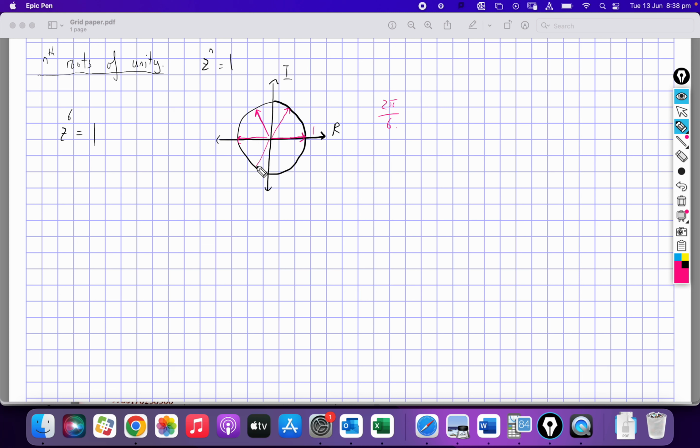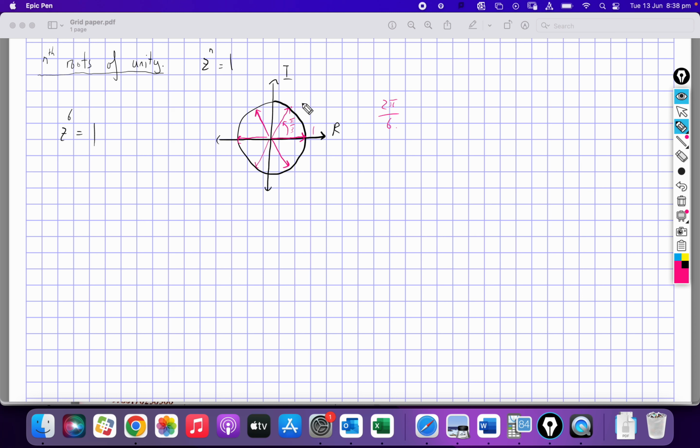I need to do this 2 more times and then we've got them all. This angle in here is 2 pi broken up into sixths, which ends up being pi on 3.